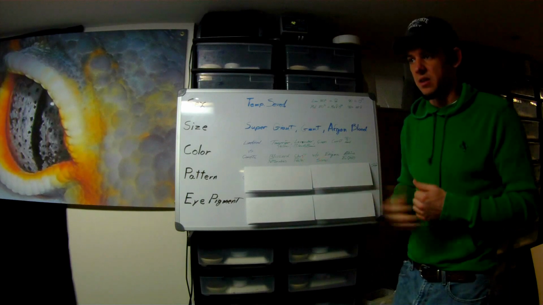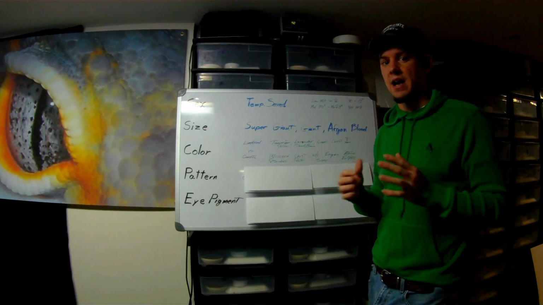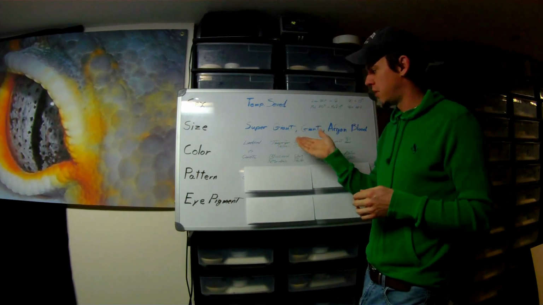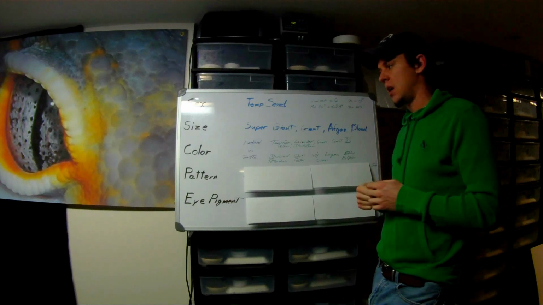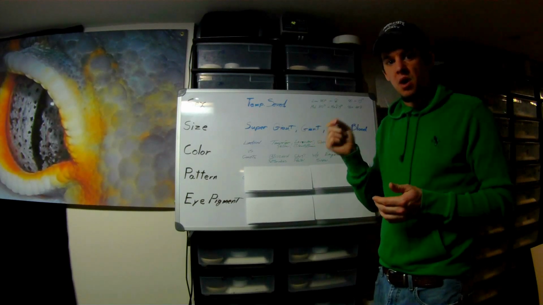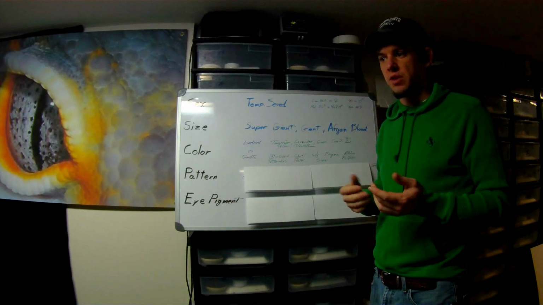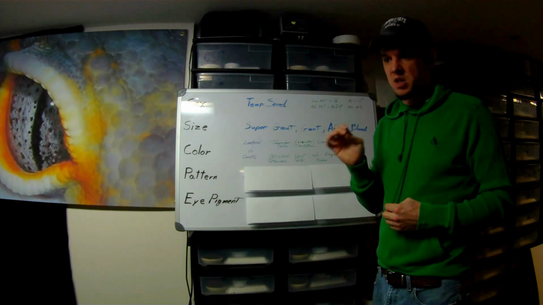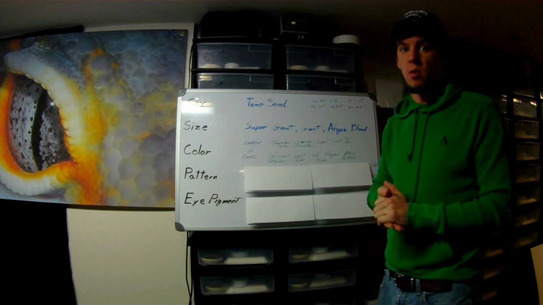Like we said before, a lot of people have their own tangerine lines, and it's because they are line breeding for tangerine. The tangerine color actually started as a little small speck on one animal that was oranger than normal.